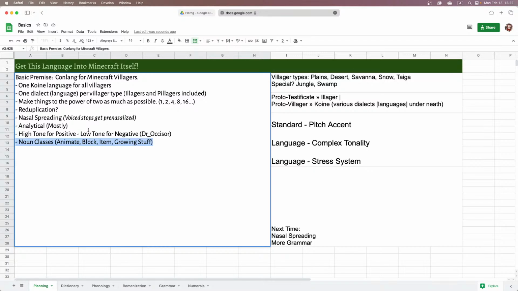So we could just rethink those noun classes as measure words instead. Yeah, let's do that. So what we were originally going to have as noun classes will now be represented by measure words.